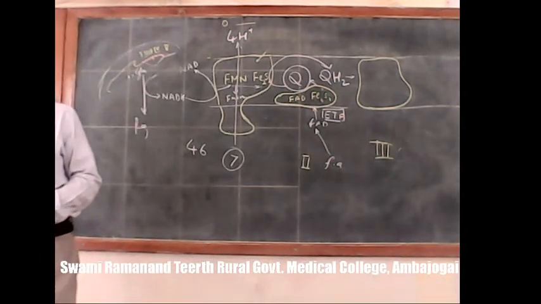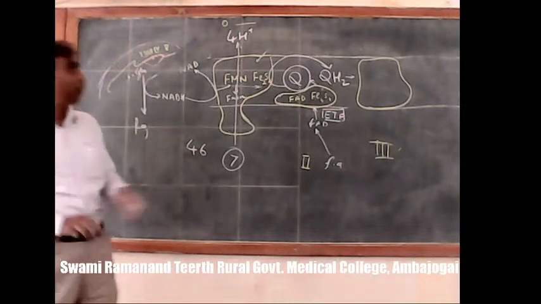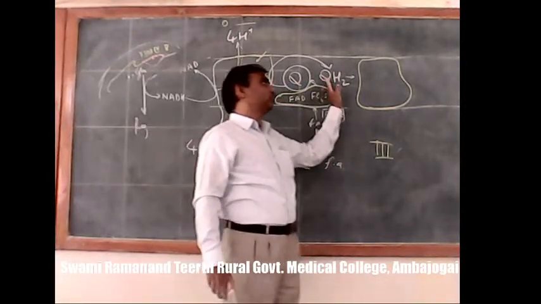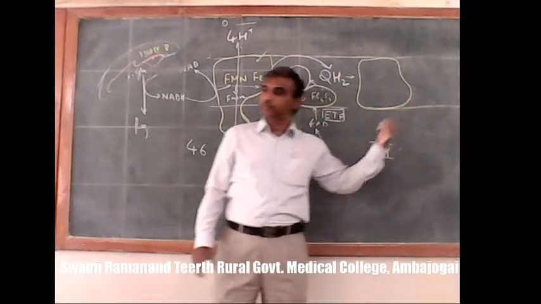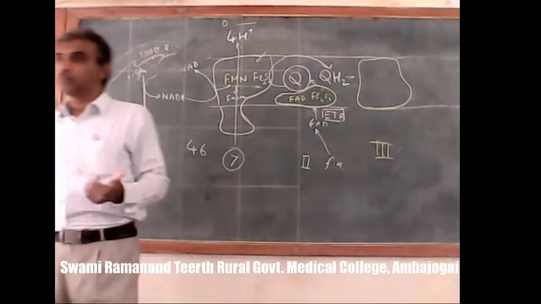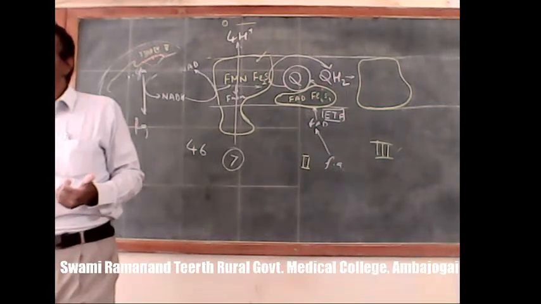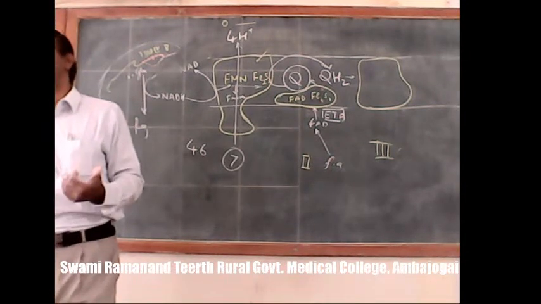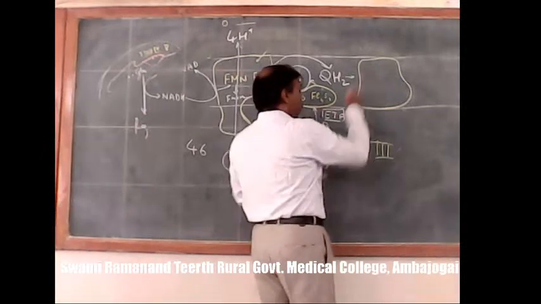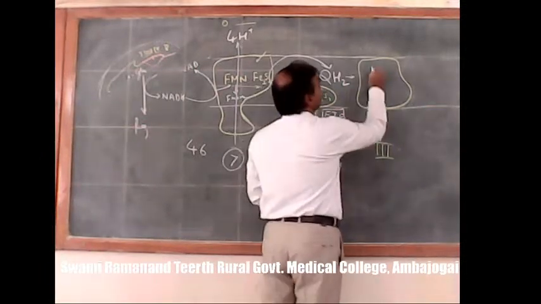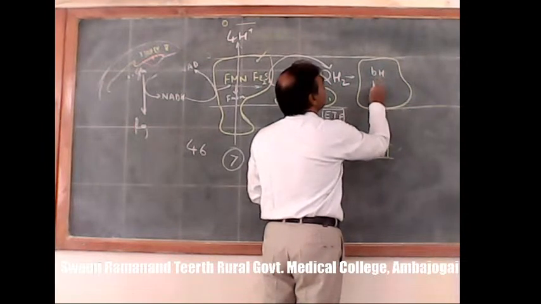Complex 3 is called Q cytochrome C oxidoreductase, or cytochrome C reductase. It contains two cytochromes.